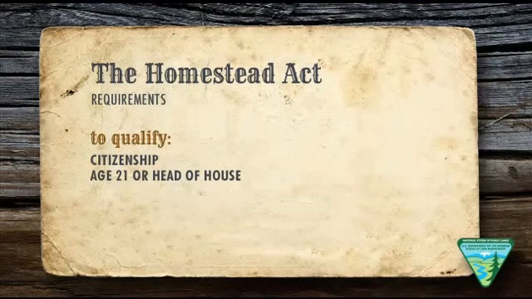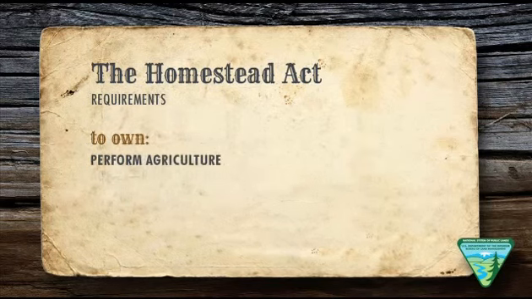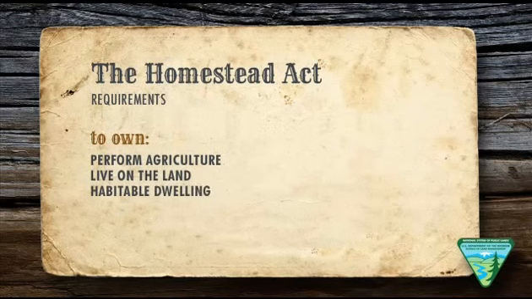If you qualified for homesteading, then you had three things to do. It was to perform agriculture, to live on the land for a certain amount of time, and to live in a habitable dwelling. There were specific requirements as to how long a person had to be on the land to minimally meet the requirements.